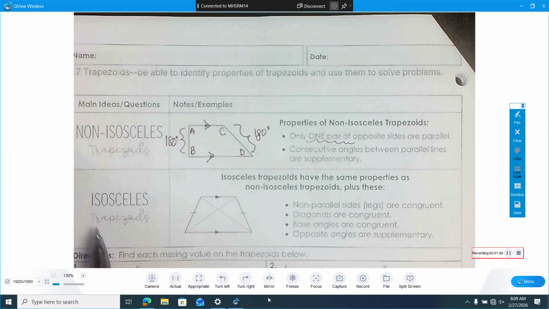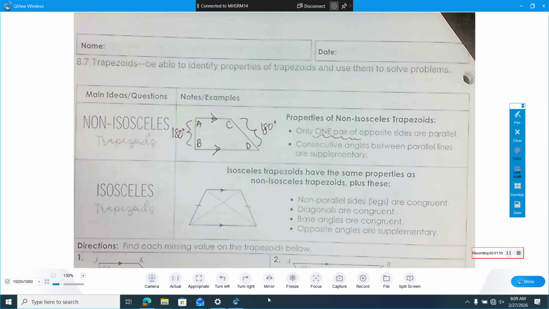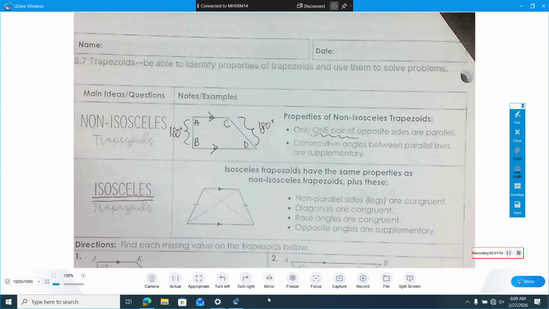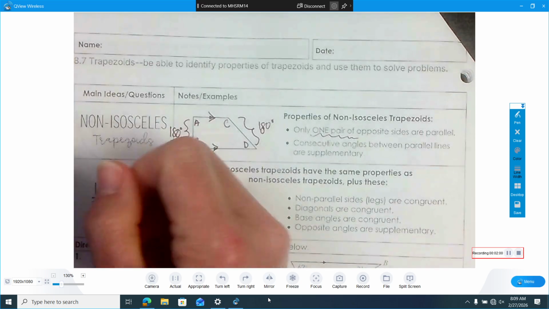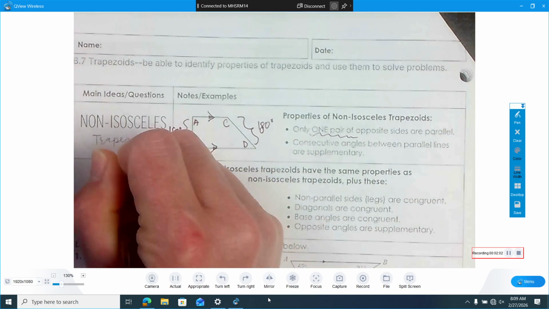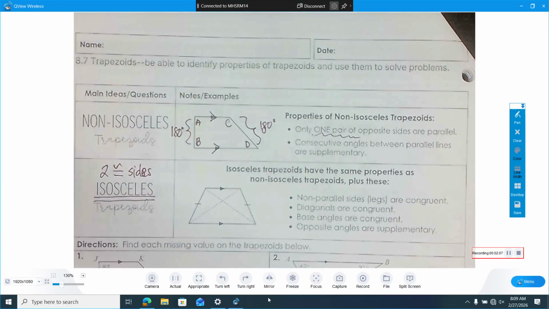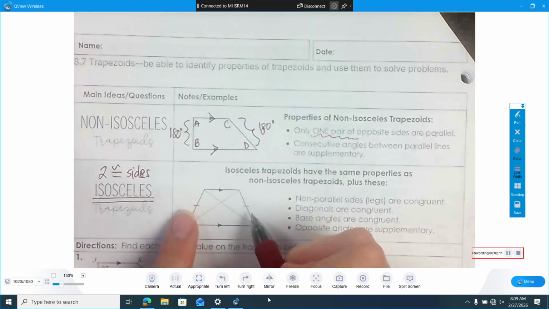However, if we're talking about an isosceles trapezoid, what does isosceles mean? Like isosceles triangle. Yeah, two congruent sides. Here we have two congruent legs.